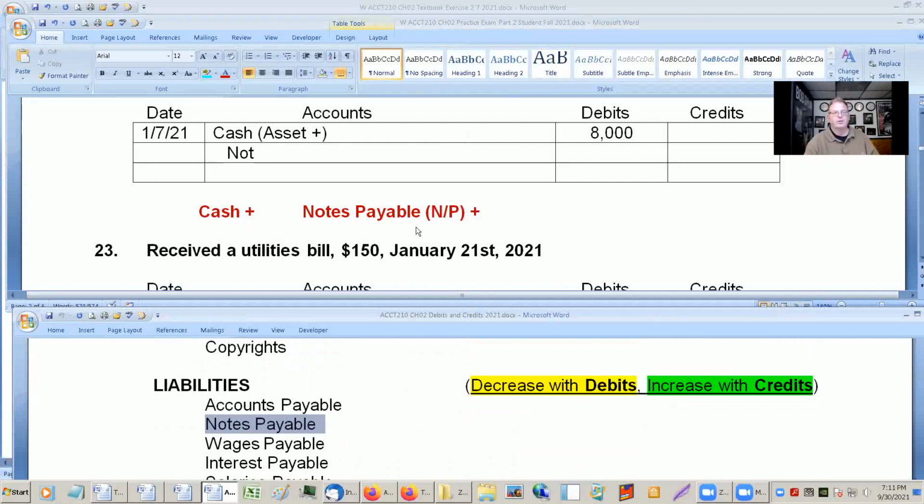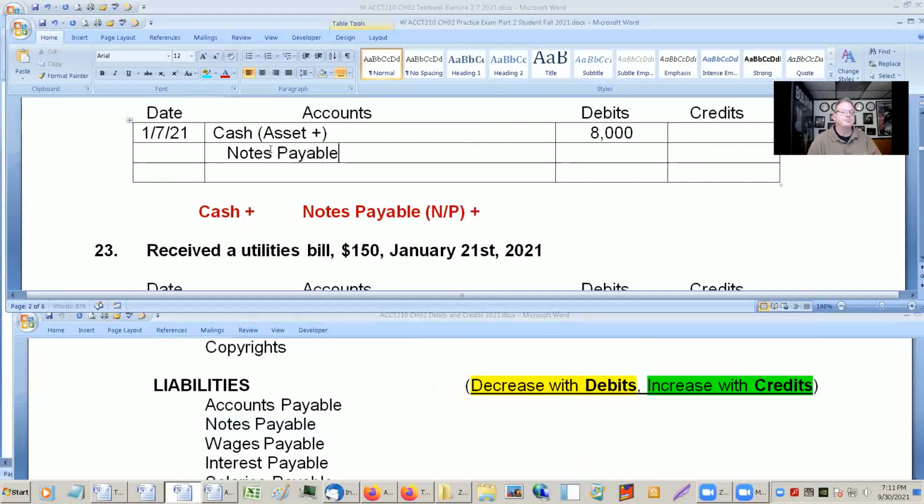Okay, we'll increase it. So we got more cash, but we also have more liabilities now.